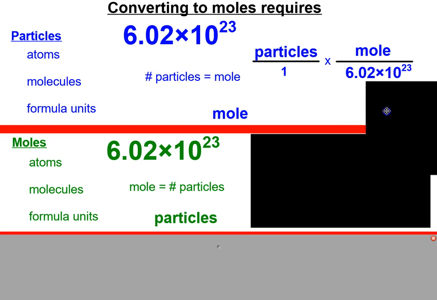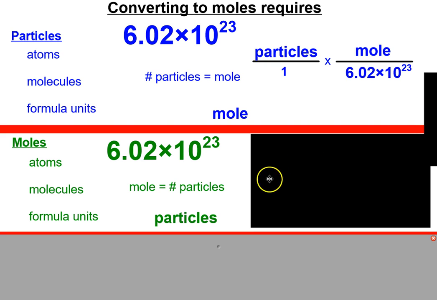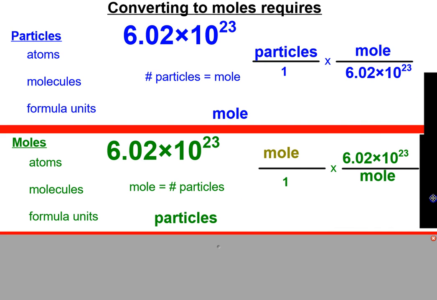So let's see what happens when we look at how we do the calculations. Here they are. Ta-da! Wait a minute, Mr. Wigger. These are the same. Are they? Ooh, what's the difference?